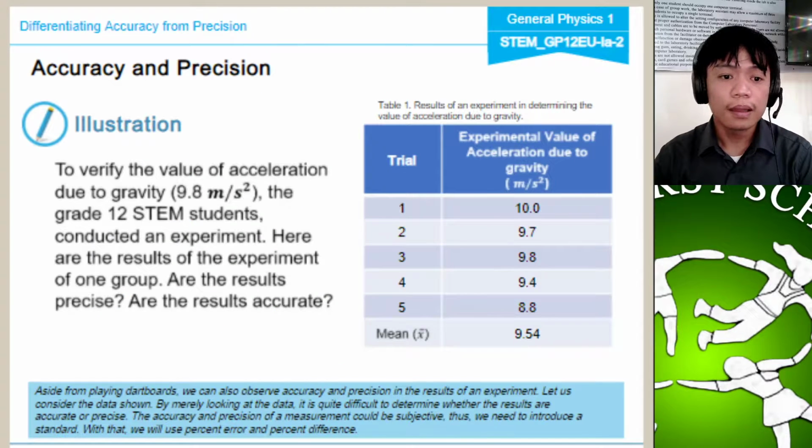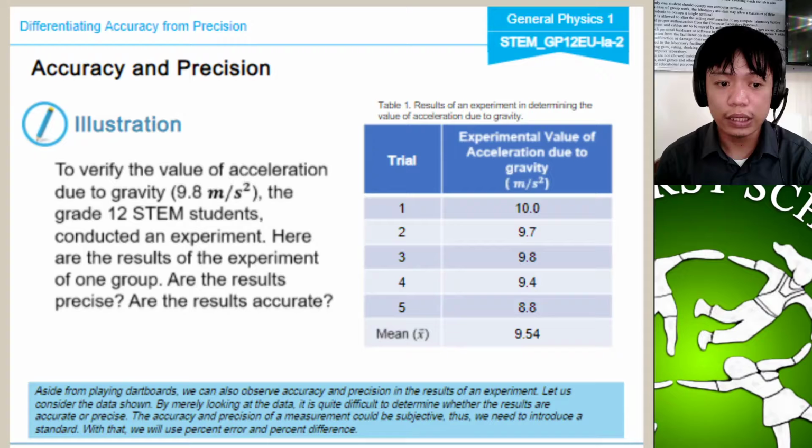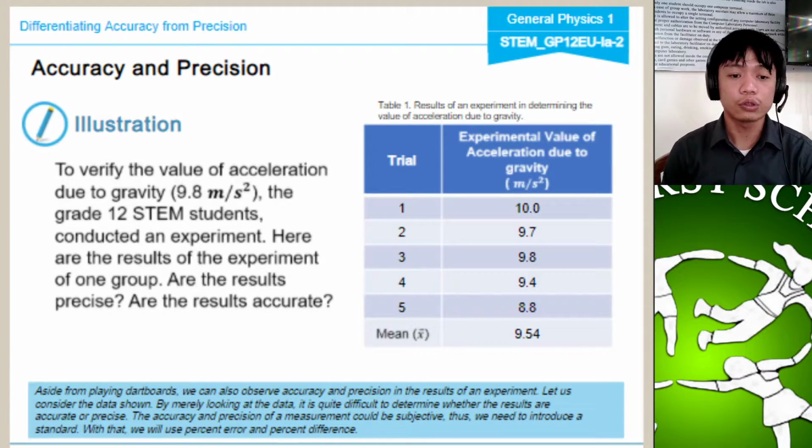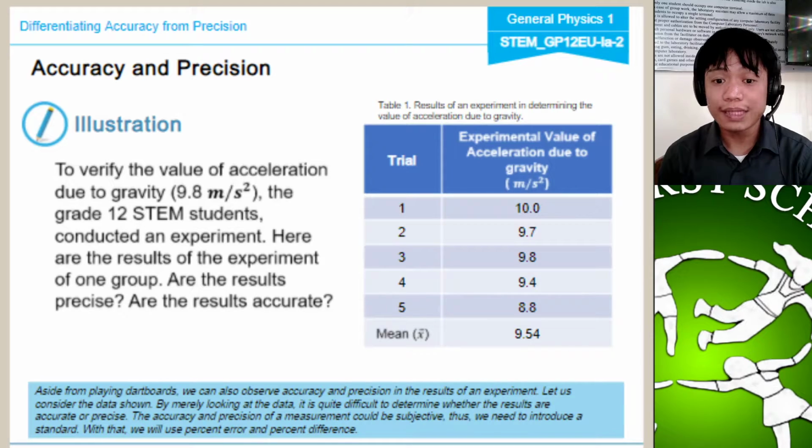So, to verify the value of the acceleration due to gravity, the grade 12 students conducted an experiment. Here are the results of the experiment of one group. Are the results precise? Are the results accurate? So here is now the table 1 that shows the experimental value of the acceleration due to gravity.